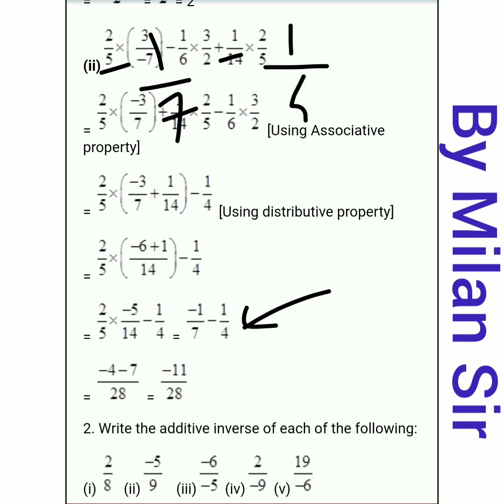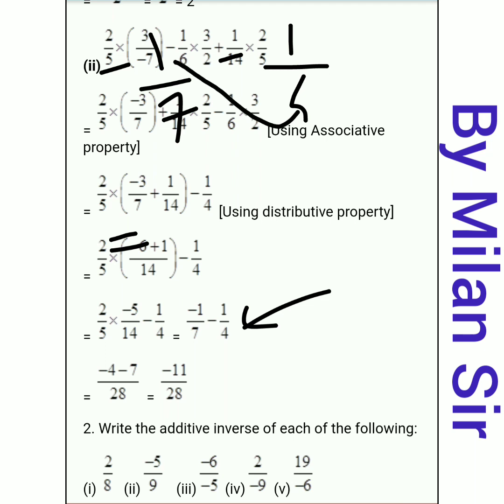Now we need to simplify it. Now again the denominators are not the same, right? And 7 does not come in the table of 4, right? So we need to do cross multiplication here for taking LCM. Okay, so just take LCM here. So we do the cross multiplication process here.